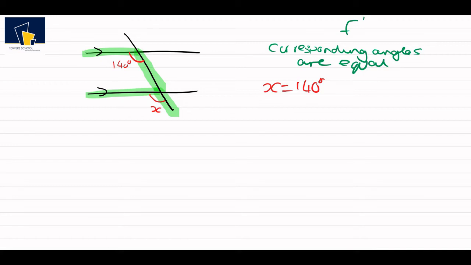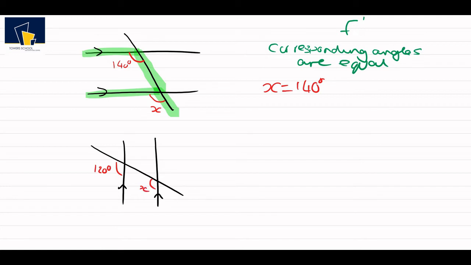Let's have a look at another one. Let's change these parallel lines up and go like this. It doesn't matter which way any parallel lines go, but these are still all parallel lines. This time we're given this angle here, and we're told this is 120 degrees, and we need to find this value here.